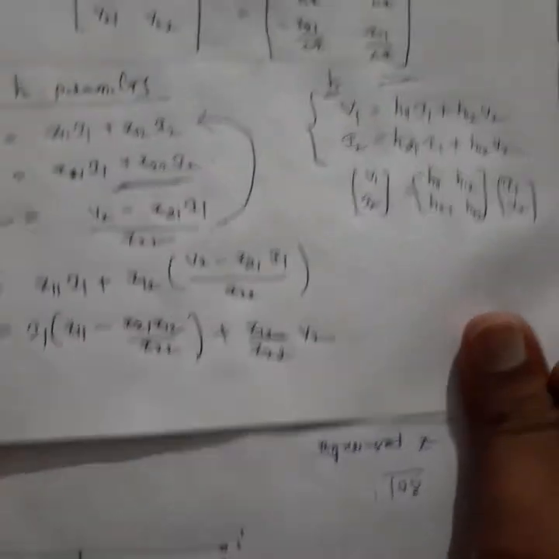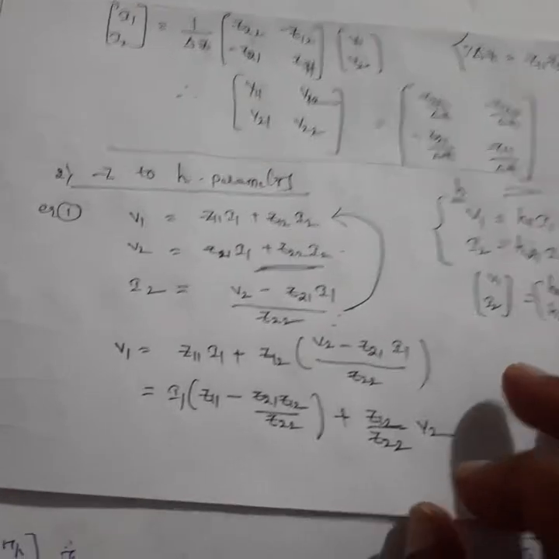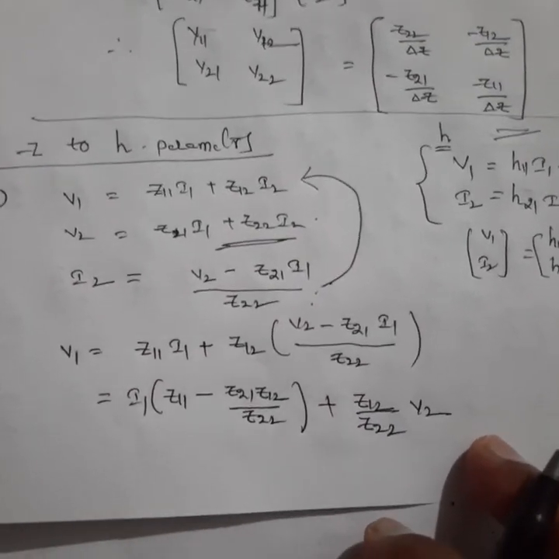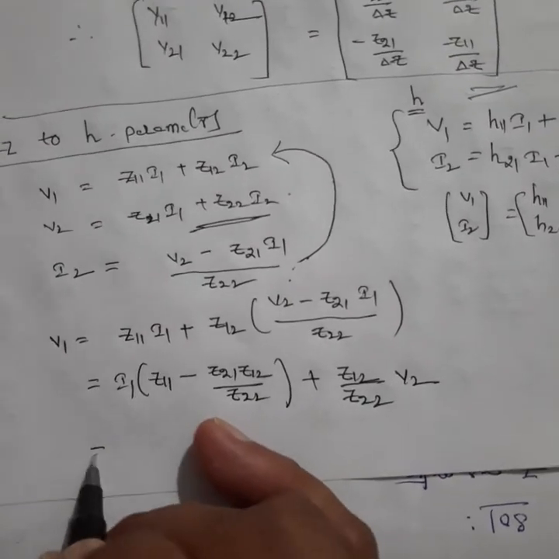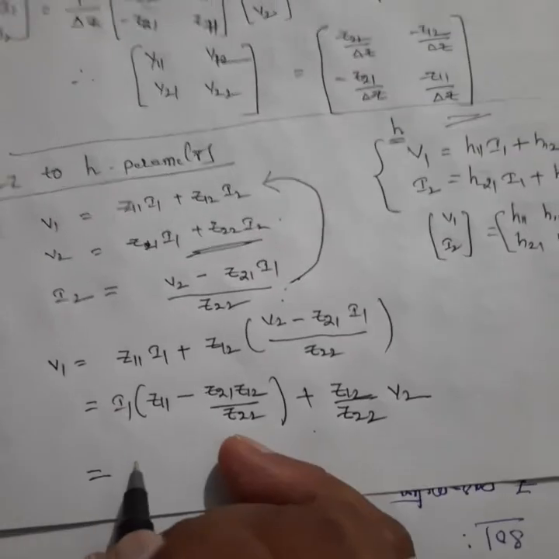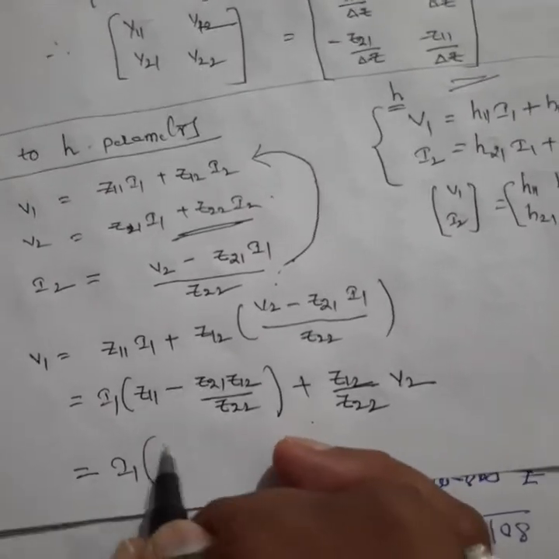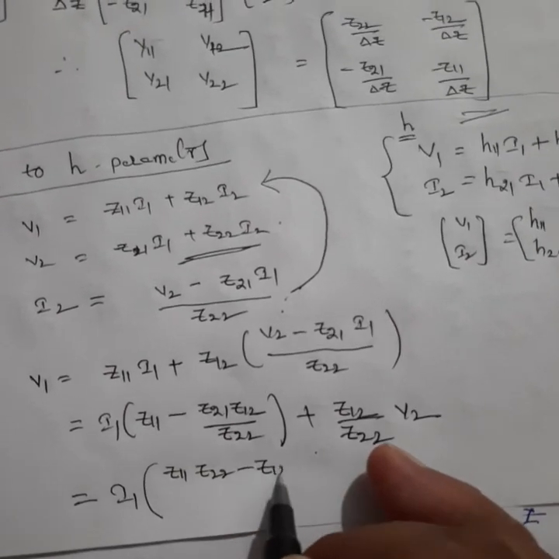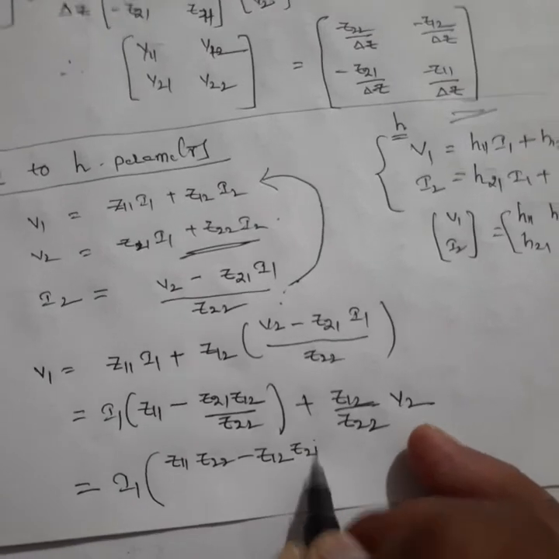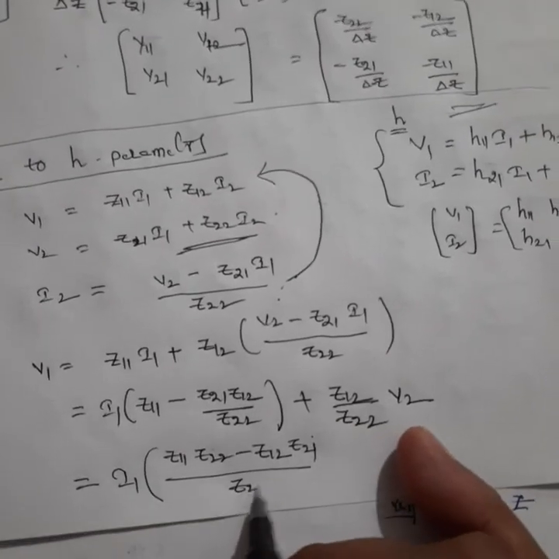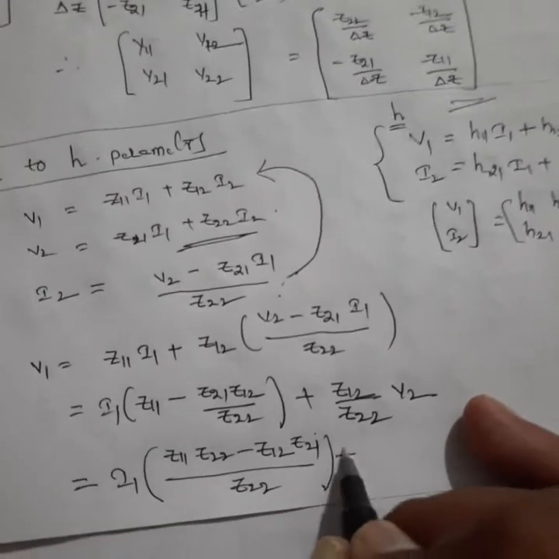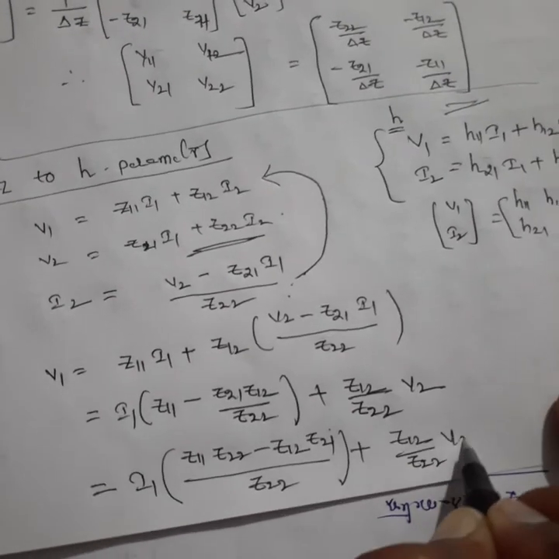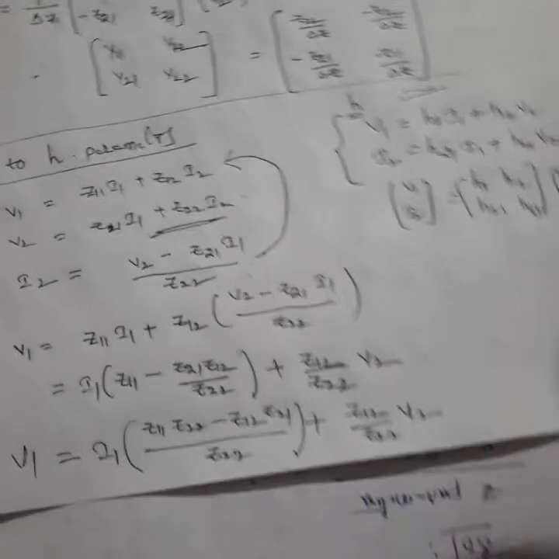Simplifying this equation, i1 of (z11 z22 minus z12 z21) by z22, taking the LCM here, then plus z12 by z22 v2, that is v1.